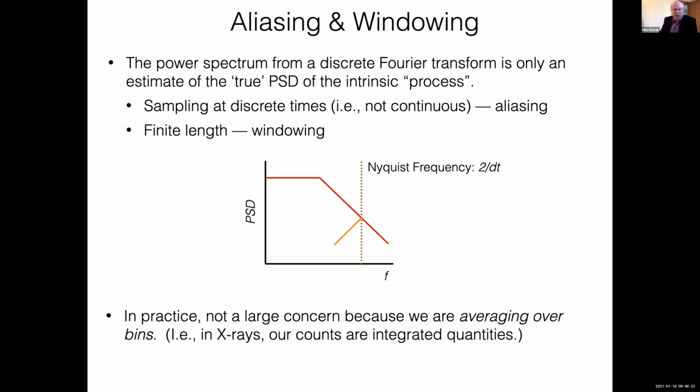And that's called aliasing. For X-ray astrophysics, that tends to be mitigated somewhat by the fact that we're not taking a discrete measurement of an amplitude at that time. We're actually integrating over the bin, the number of counts that comes into that full time bin. So we're averaging over that, and that tends to drop down that aliasing. So for X-ray astrophysics, it tends not to be a concern.